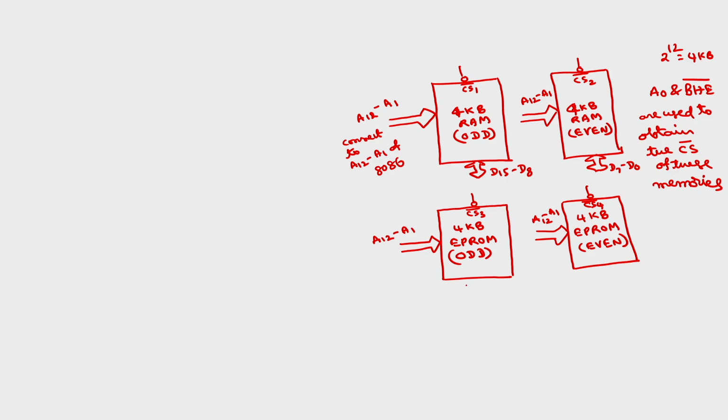If you want only 8 bit, we have to enable either of these banks. Similarly, here also we will be having 2 data buses. This will give D15 to D8, this will give D7 to D0. This you have to connect to D15 to D0 of 8086.